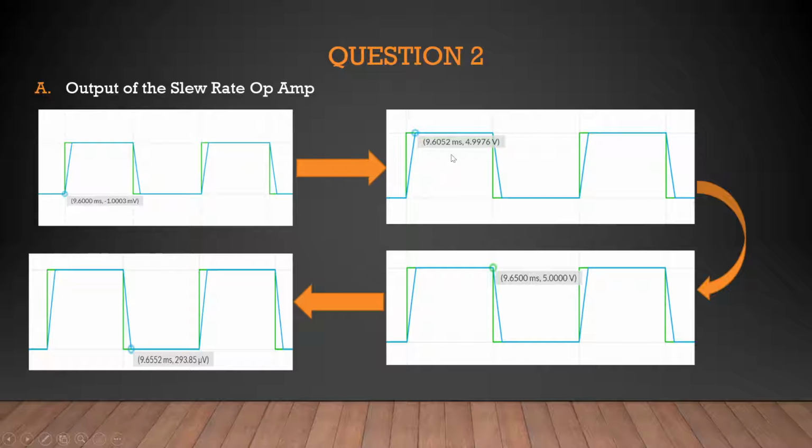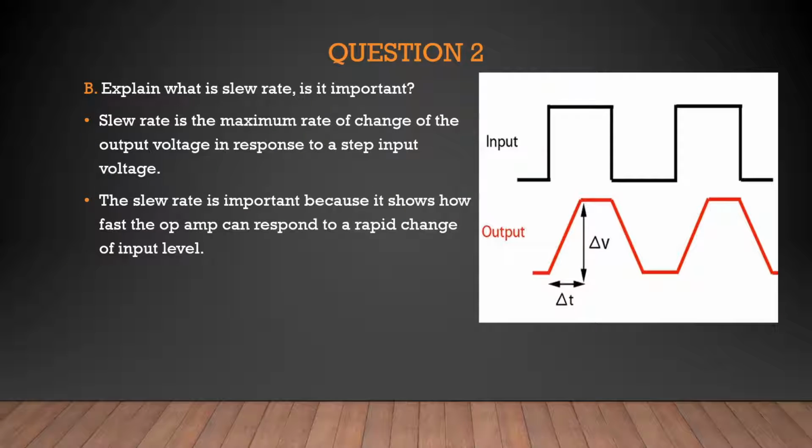So we get 5 minus 0 over 9.6052 milliseconds minus 9.6000 milliseconds, which is 5 microseconds. So we get 5 volts over 5 microseconds, around 1 volt per microsecond. That is the slew rate for the circuit that I have created.